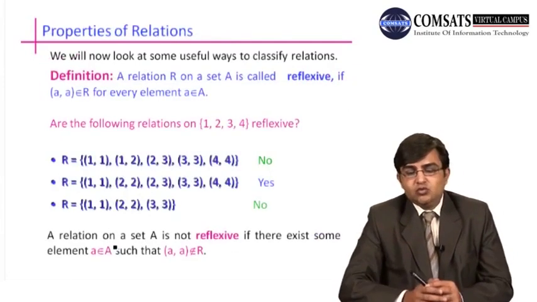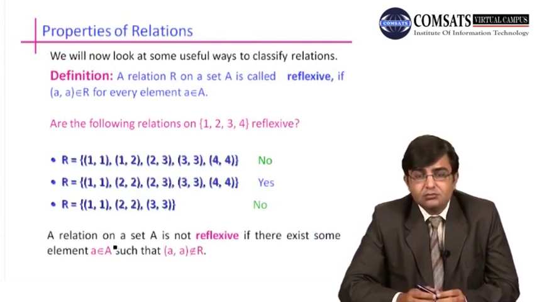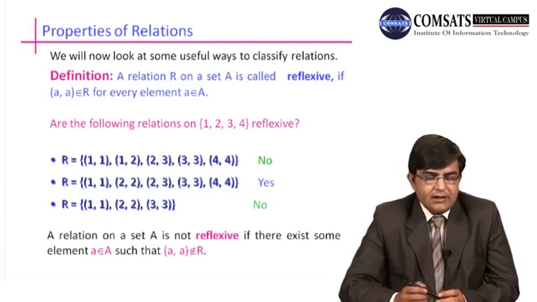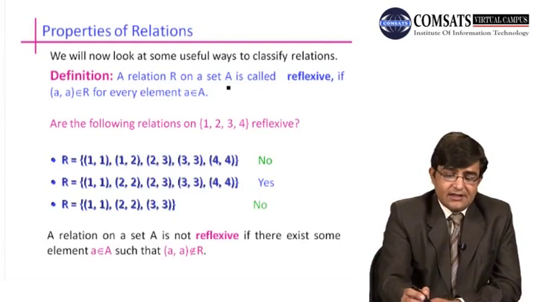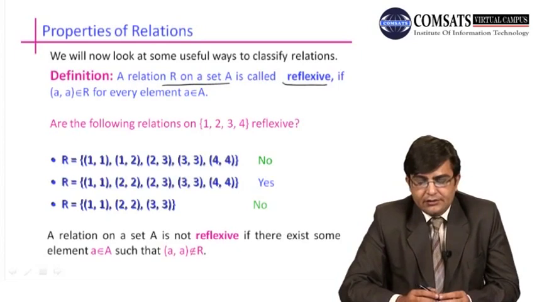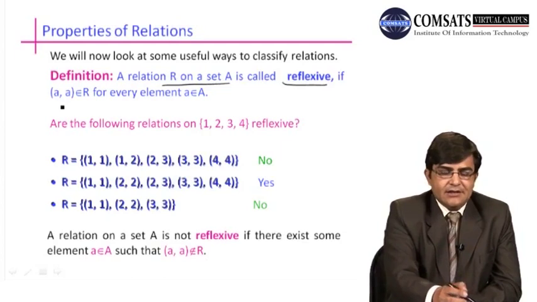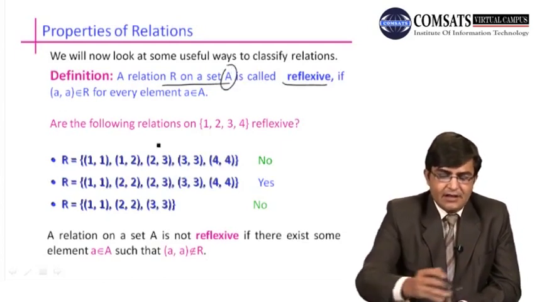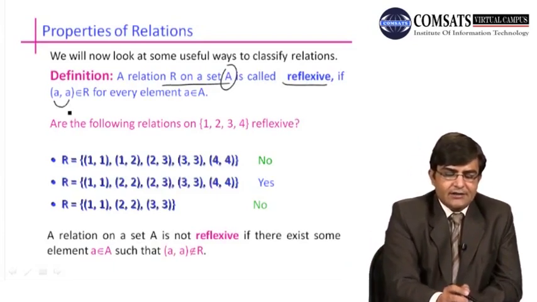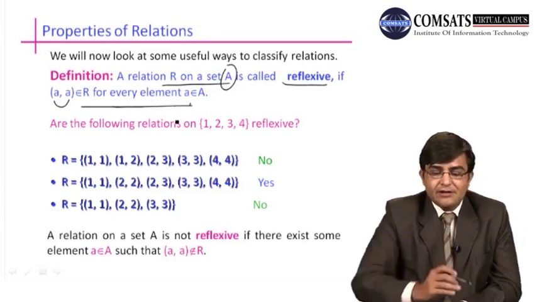Now we start the properties of relations: how to classify relations. The first definition in this regard is a relation R on a set A. A relation R on a set A is called reflexive if every element in A is related to itself, meaning all elements of A are related to themselves.